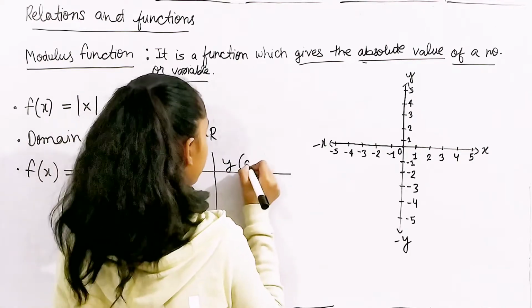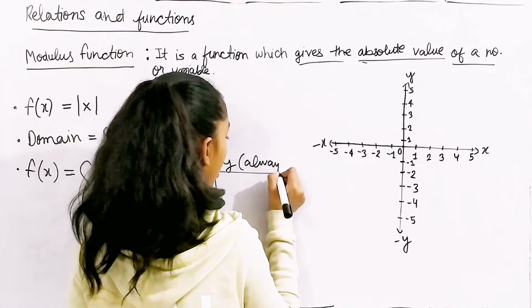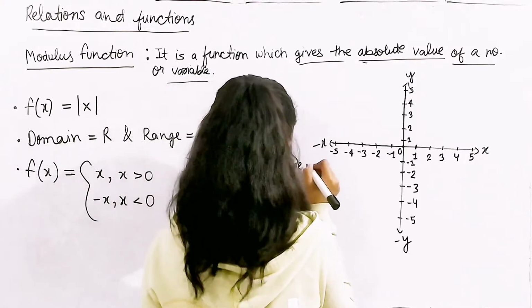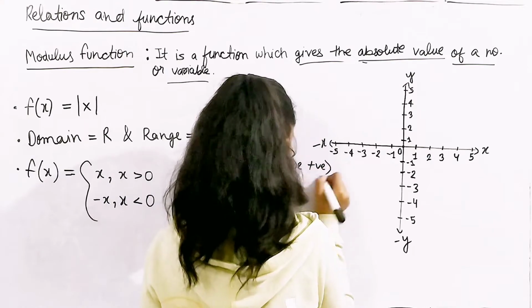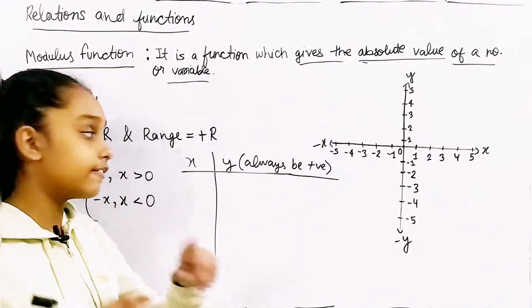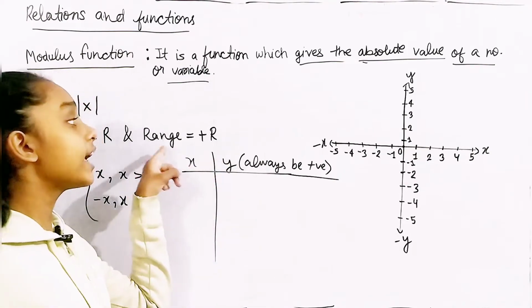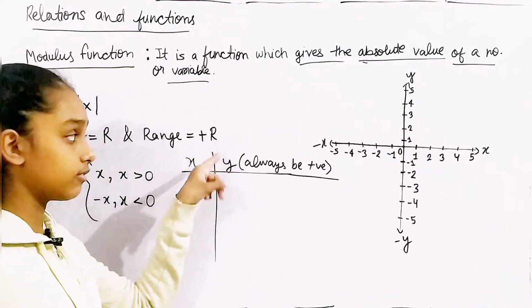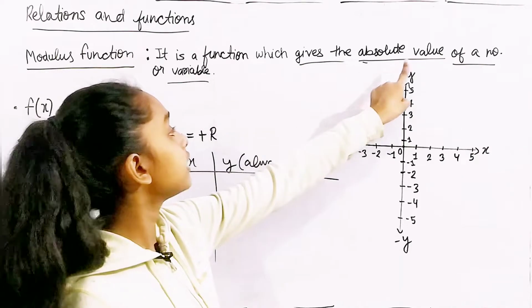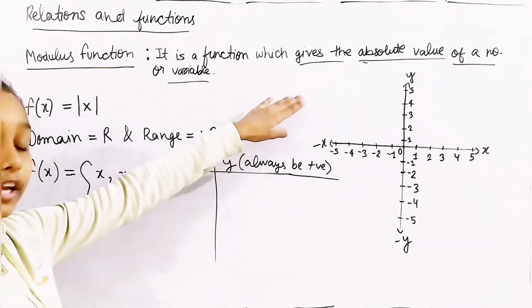And always remember that our y, which is the range, is always going to be positive, as it is going to give the absolute value.